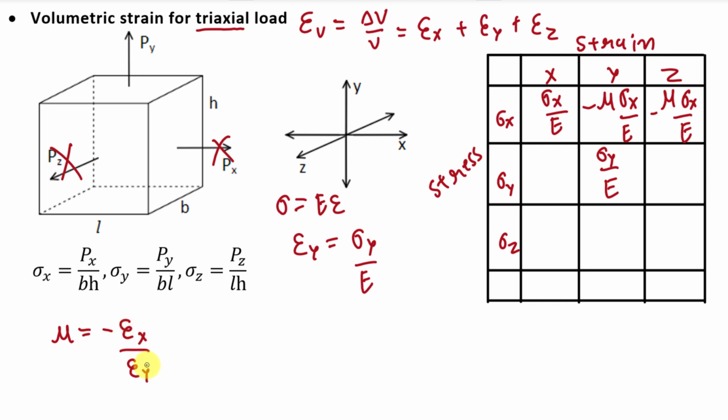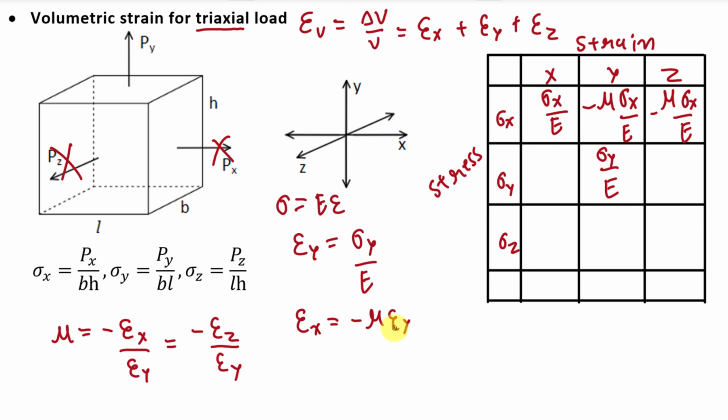It is lateral strain and it is linear strain, is equal to minus epsilon z divided by epsilon y. Here this epsilon z is lateral strain and this epsilon y is linear strain. Right? From here what will be the value of epsilon x? Epsilon x will be minus mu into epsilon y.